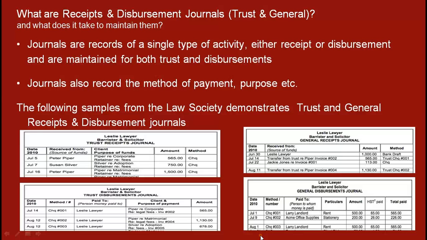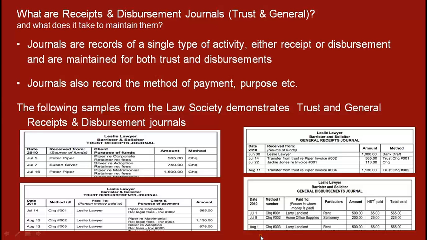Likewise, a trust disbursement journal, when you're disbursing and money is leaving, same thing. You capture the date, the method. So let's say you've moved money from trust to general. Today, you could do an electronic fund transfer, but back in the day, and it still continues to be the preferred method, legal professionals write themselves a trust check to move money from trust to general. So that's the method.